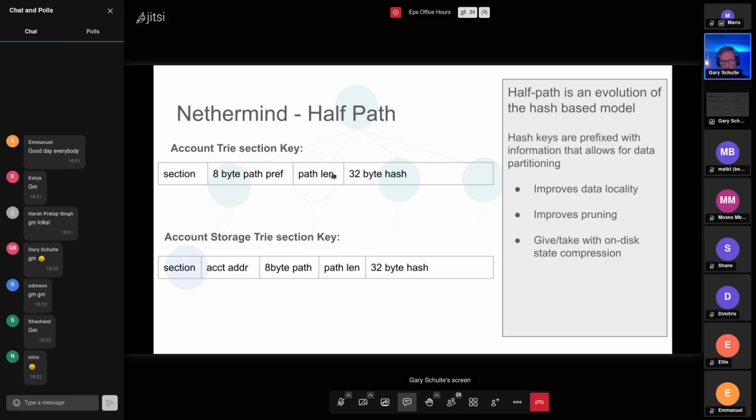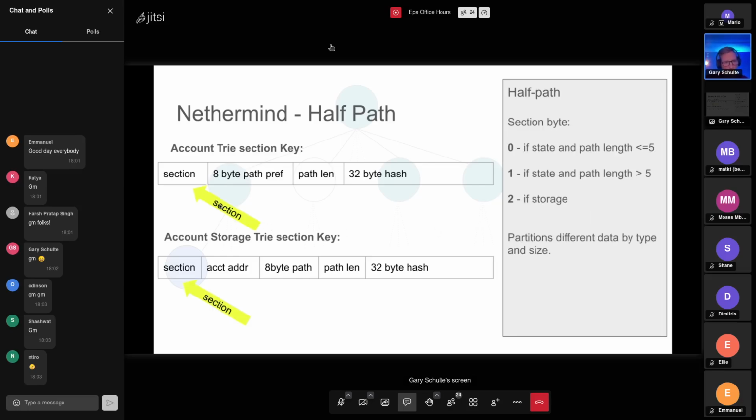Compression is going to work better because they're stored together. When you keep data close together, the individual compression is going to work a lot better. So even though they're storing more data in their keys, they're adding 10 bytes to the tree keys here and 10 bytes to the storage tree key here, this actually ends up a net reduction in the size on disk because of the way RocksDB is able to compress that sorted data.